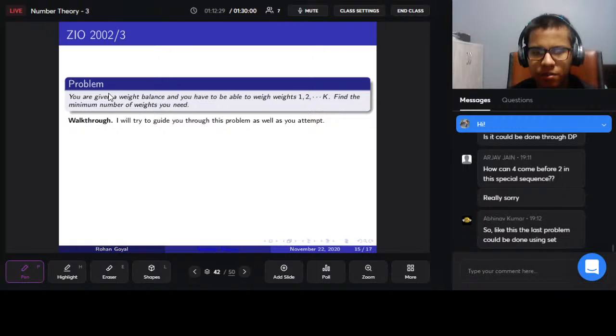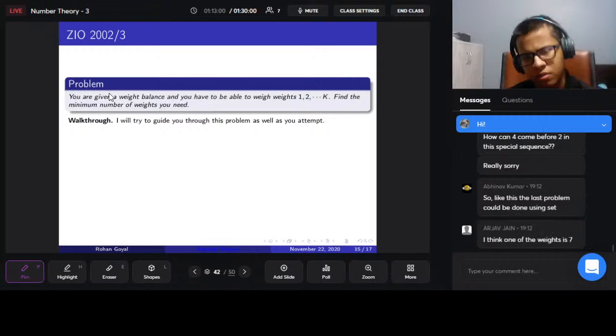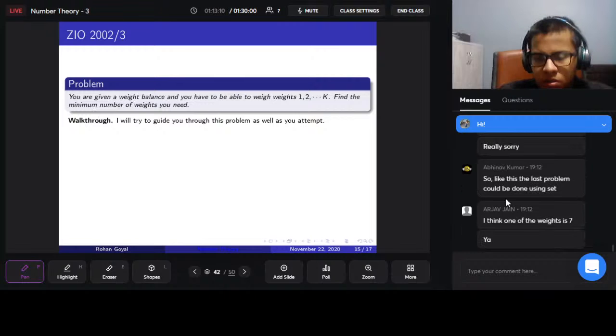How does 7 help us? Do you understand what the problem is asking at least? Can you give a thumbs up if you understand the problem?